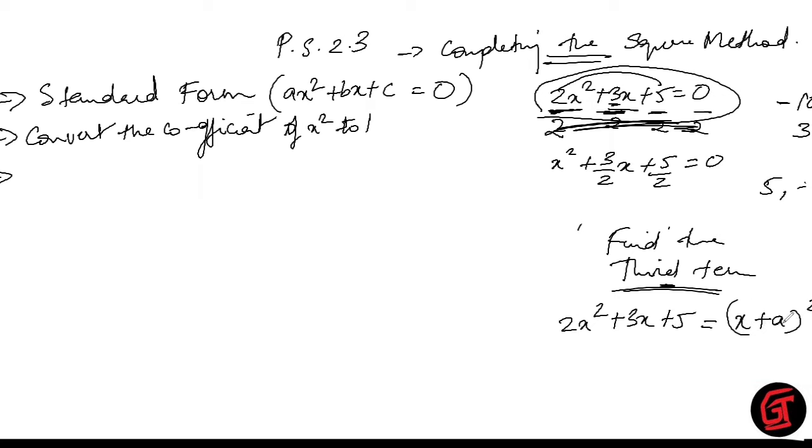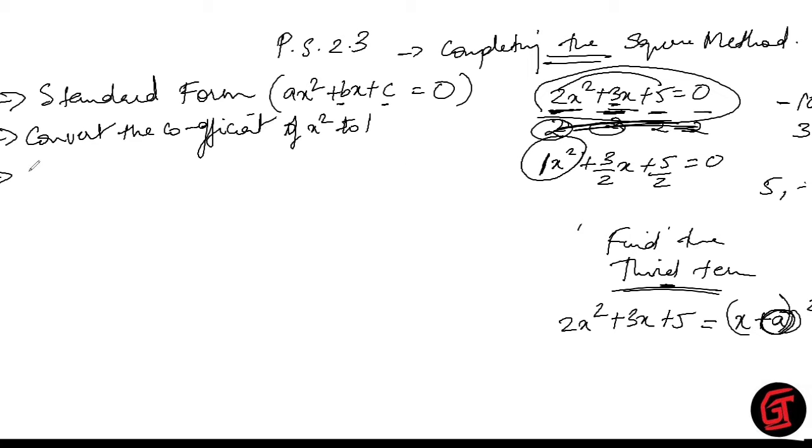Why have I taken a? Because in your equation there is ax square plus bx plus c. I could have taken b also, I could have taken c also, but the reason I took a is because the a term is missing. I divided throughout by 2, no? So the a term is missing. I removed this and made this coefficient 1. That is the reason we equate this with x plus a the whole square.